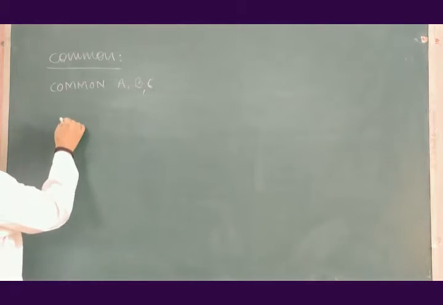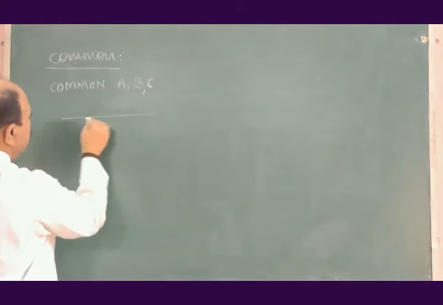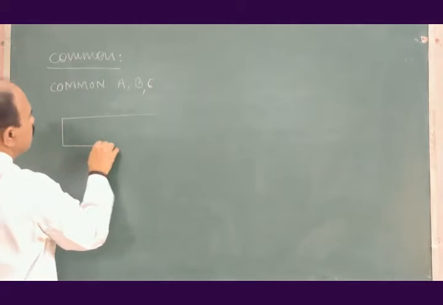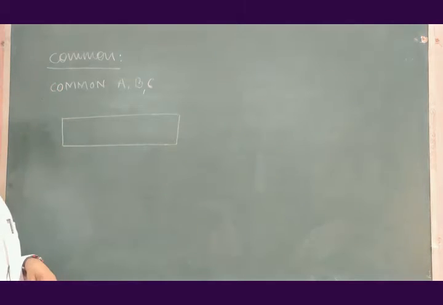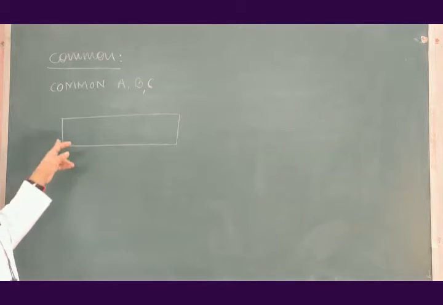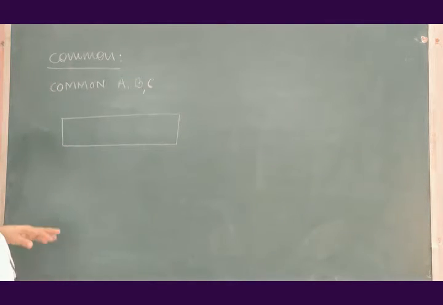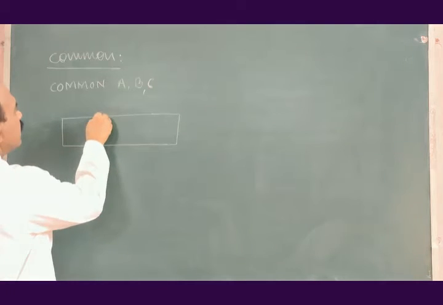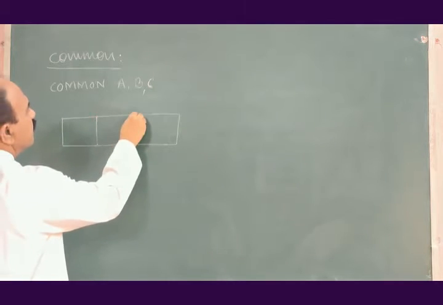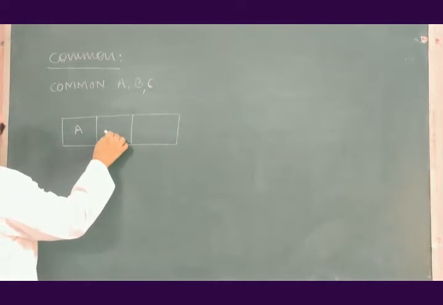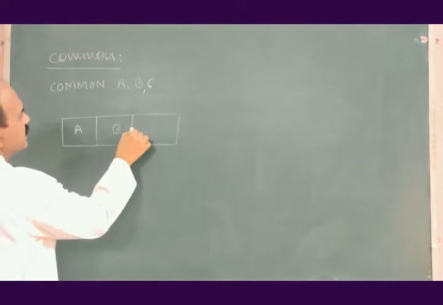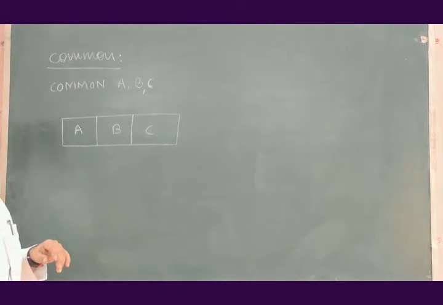Because of this common statement, this particular part of the computer's memory is reserved. This reserved part is shared by these three variables: this will be shared by A, this by B, this by C.